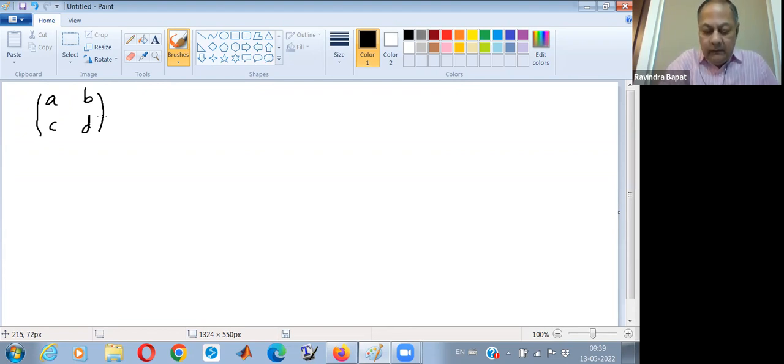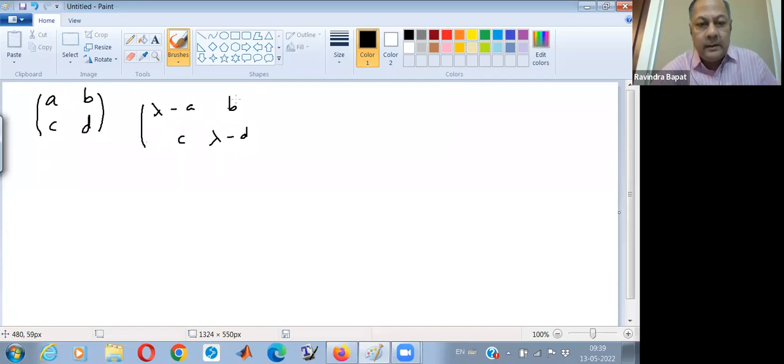We will just use very simple high school mathematics: calculate the characteristic polynomial and then use the discriminant to determine when the roots are real. So if the discriminant is non-negative, the roots are real. This is the characteristic polynomial, the determinant of this, and if you simplify, it comes to lambda squared minus (a plus d) lambda plus (ad minus bc).